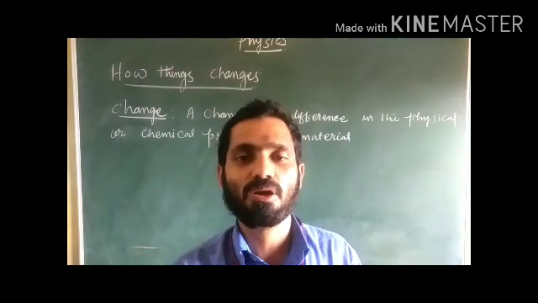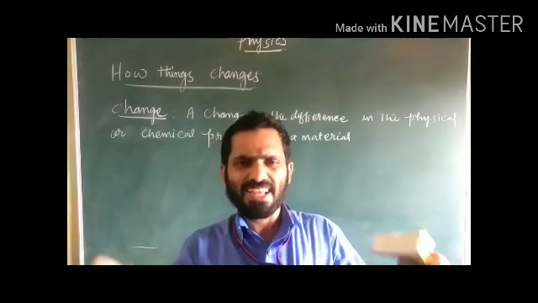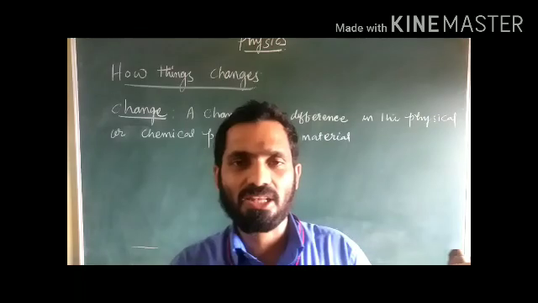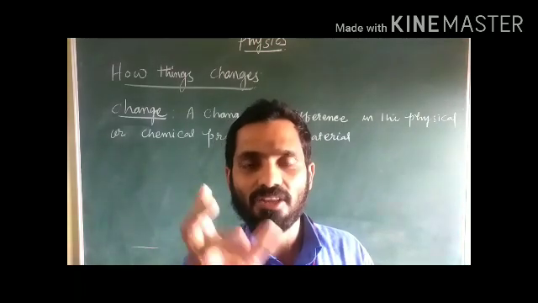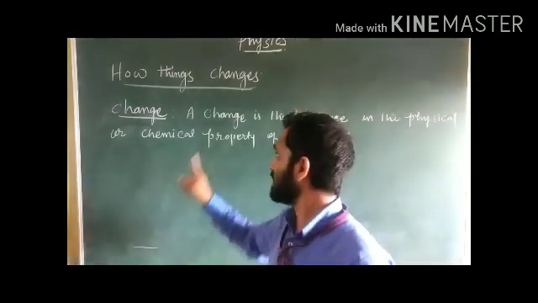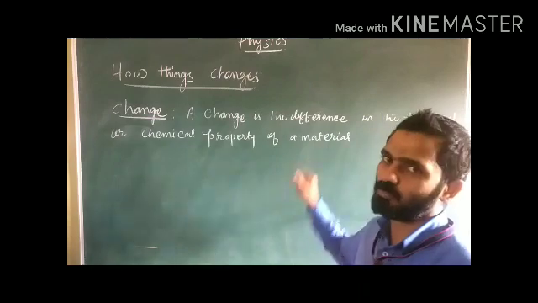That kind of thing we call chemical properties. So if any change comes in the physical or chemical property of a material, then that difference we can call a change.